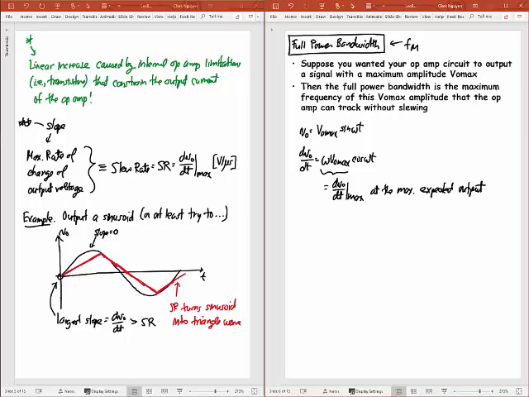Okay, and so what I know is that this must equal the slew rate for proper tracking.